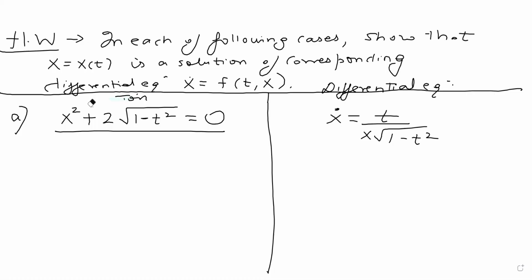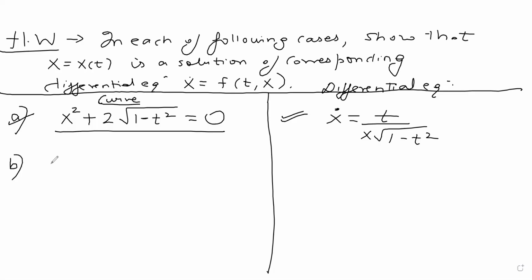Not actually the function, let me correct it. It's actually the solution, or I can say that this is the curve. Now we need to show that this is a solution of this.